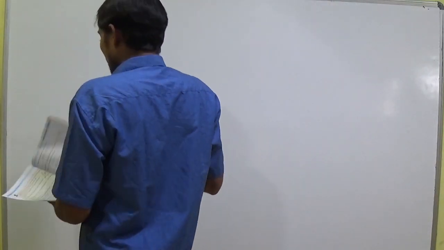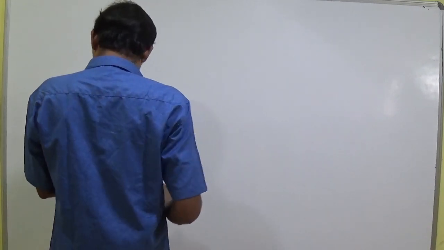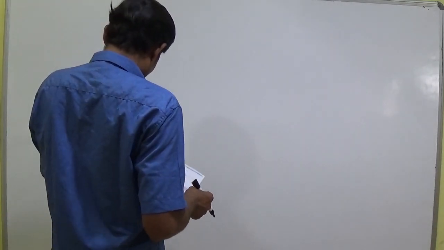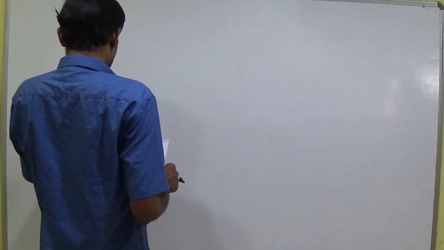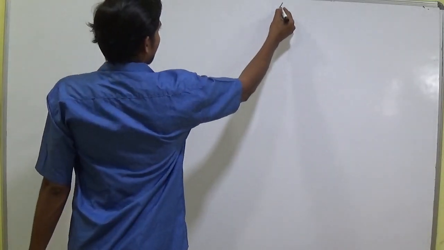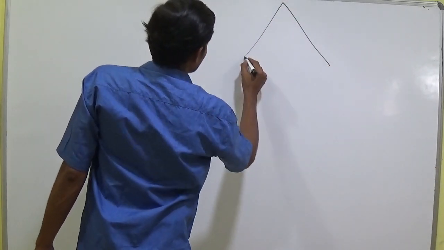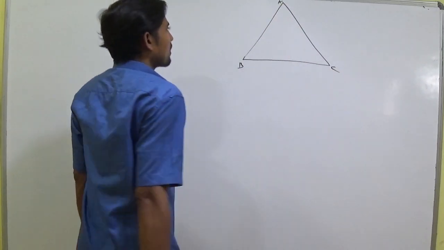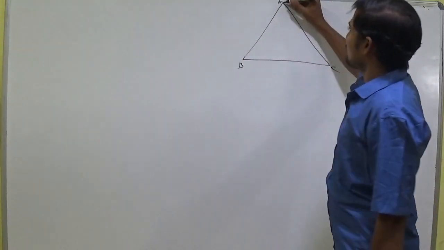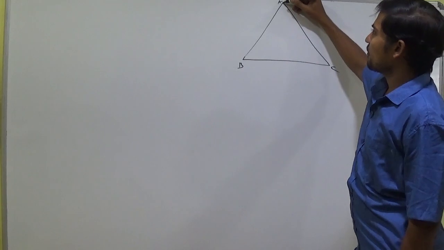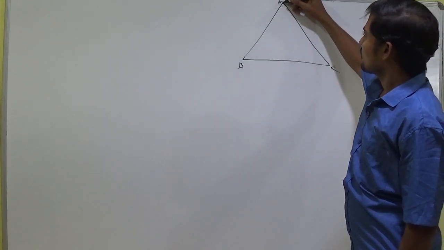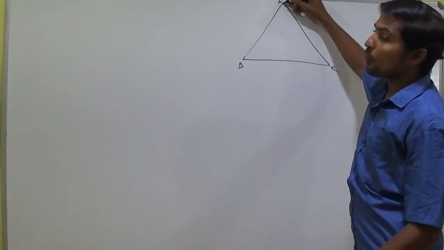What is meant by median? Suppose triangle A, B, C. The line segment joining a vertex to the midpoint of the opposite side is called a median.